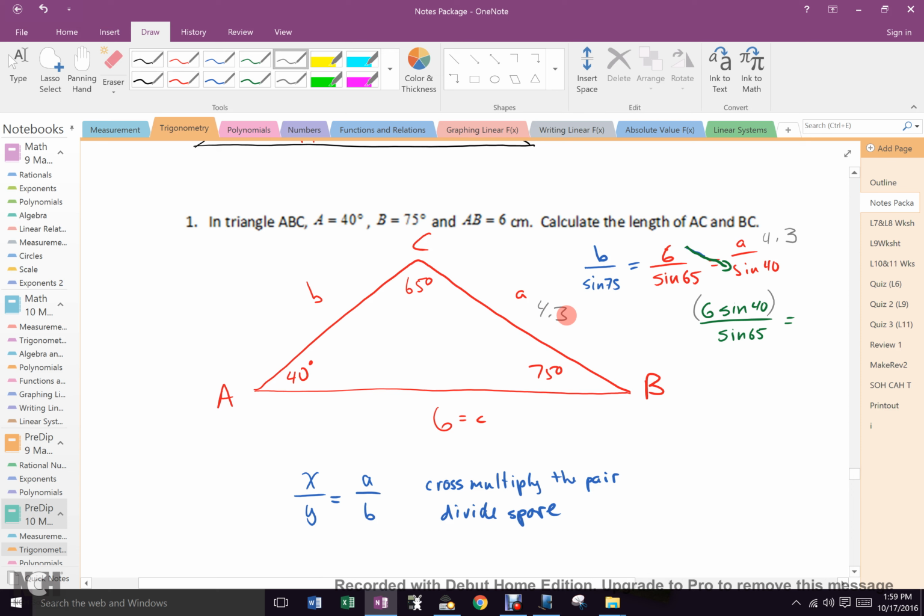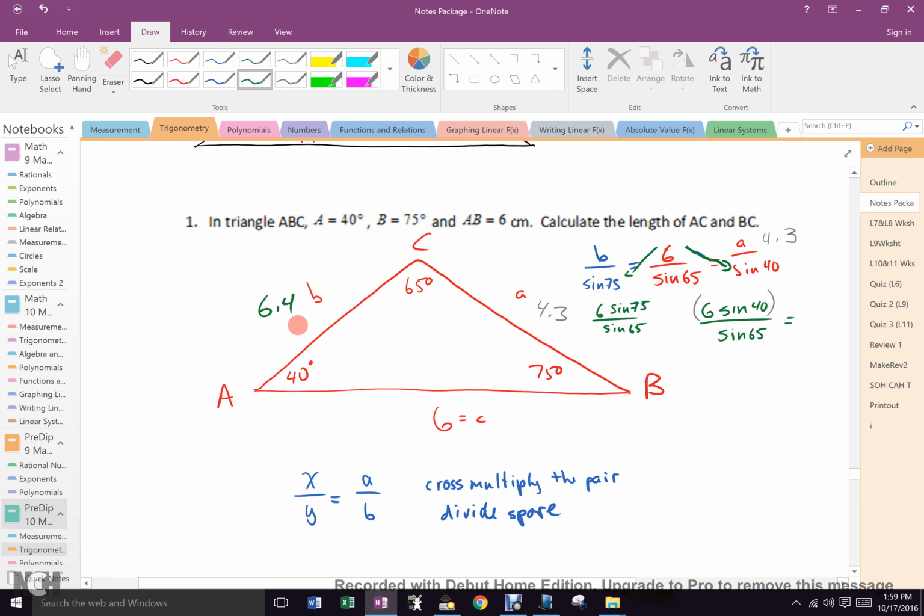We're still not sure if that's okay, because we got to find the other side first, which means I then do the same thing. This side is 6 sine 75 divided by sine 65. So 6 sine 75 divided by sine 65 makes this side 6.4.